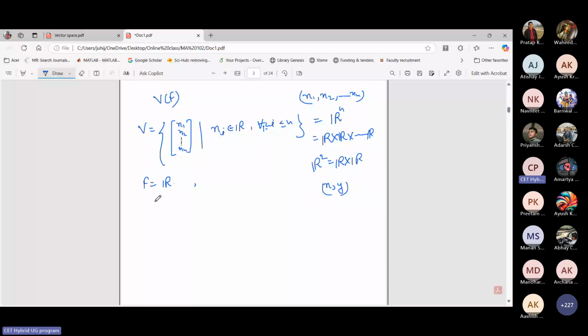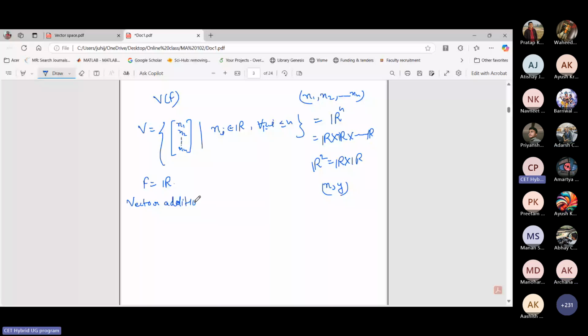So now let us come to this one. Operation is defined how? For x1, x2, xn. Let me write more clearly. Vector addition.